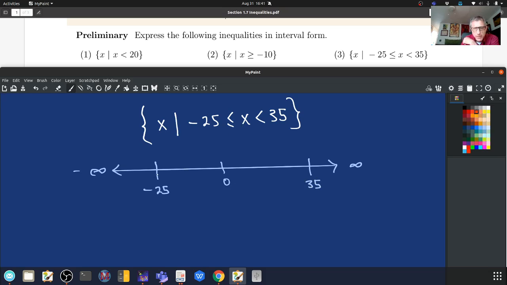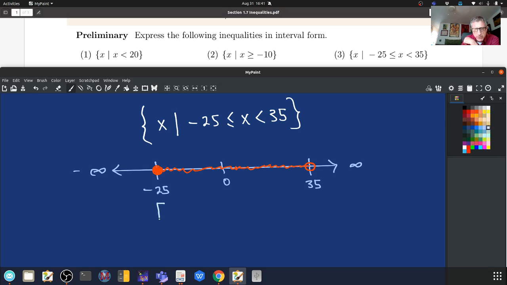So the numbers x are in between these two points, but x is greater than or equal to minus 25, so minus 25 is included, but x is less than 35, so 35 isn't. So it contains all numbers in this interval area right there, which we write this way.